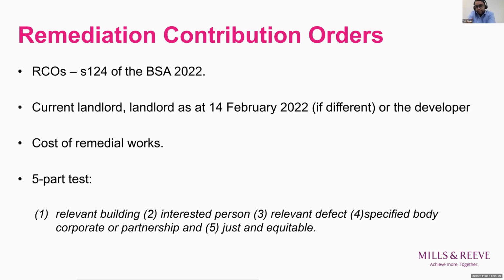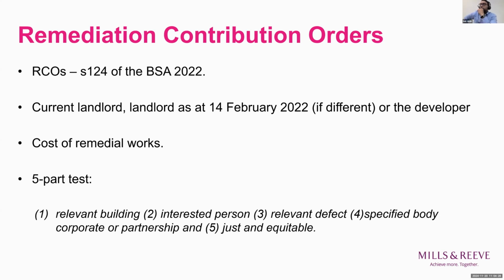So RCOs, who can they be brought against? Current landlords, but importantly, landlords as at February 2022, if they're different from the current landlords, and/or the developer. And what can an RCO be brought for? It's for the cost of remediation works or remedial works. So fairly straightforward in that respect.